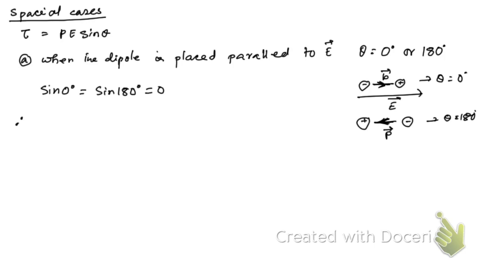So for theta equal to 0 degree, we're gonna get torque equal to 0, which is called stable equilibrium. Because here the magnitude of torque is gonna be PE sine 0. Sine 0 is 0, right? So that's gonna be 0. So this is the condition of stable equilibrium.